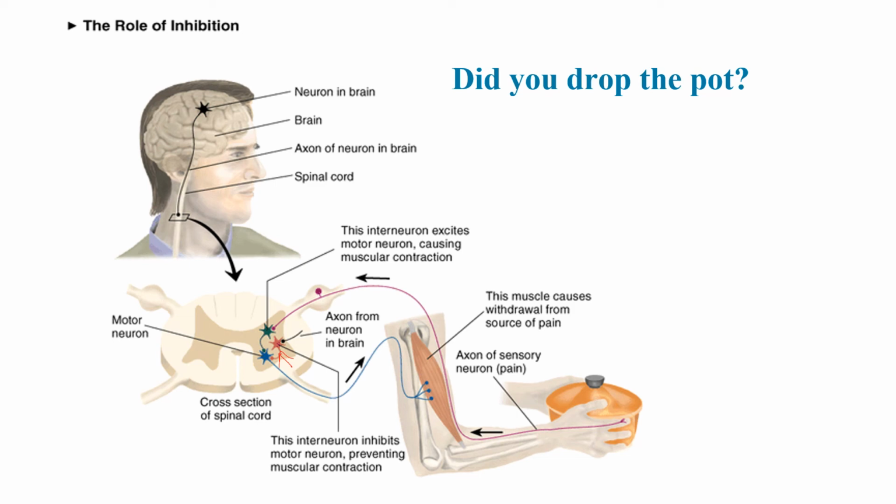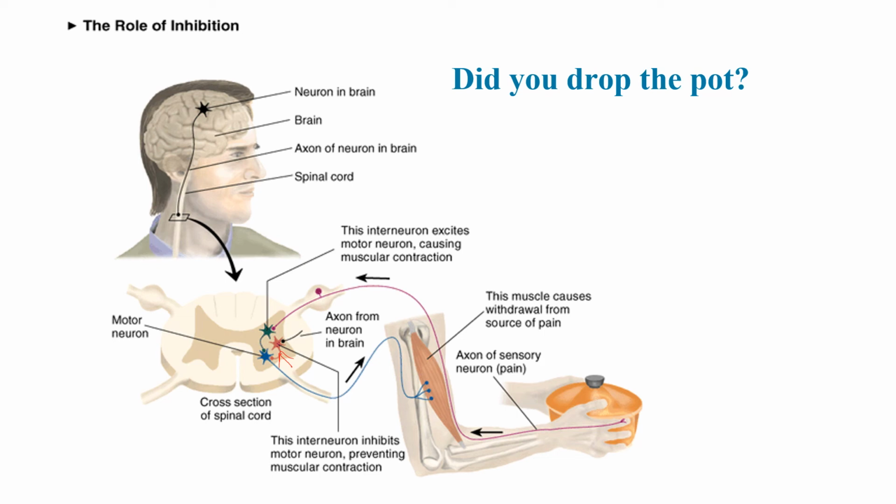These interneurons coming down from the brain are causing inhibition. They're releasing inhibitory neurotransmitters, which then cause the motor neurons to not activate. The action potential doesn't occur in the motor neurons, so the action doesn't occur, so you don't pull away, you hold on to the pot.